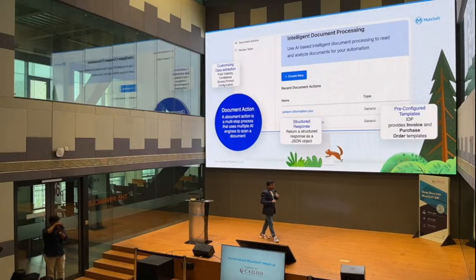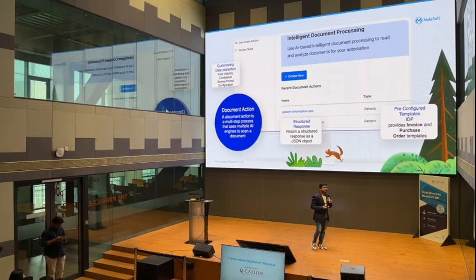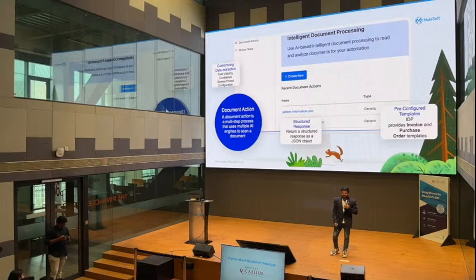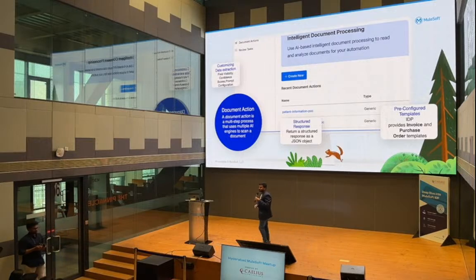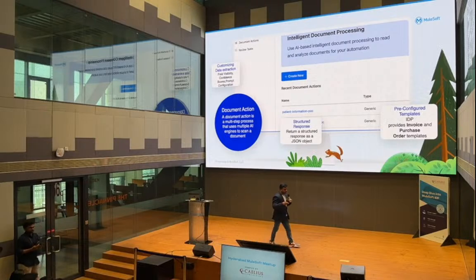But if you want to scan documents like a purchase order or an invoice agreement, you don't need to do even that part. You just need to upload the document, test it, and see if all the fields are getting extracted. Then you can just publish your document action. My friends Aditya and Chitra will be showing that part in the real-time use case.